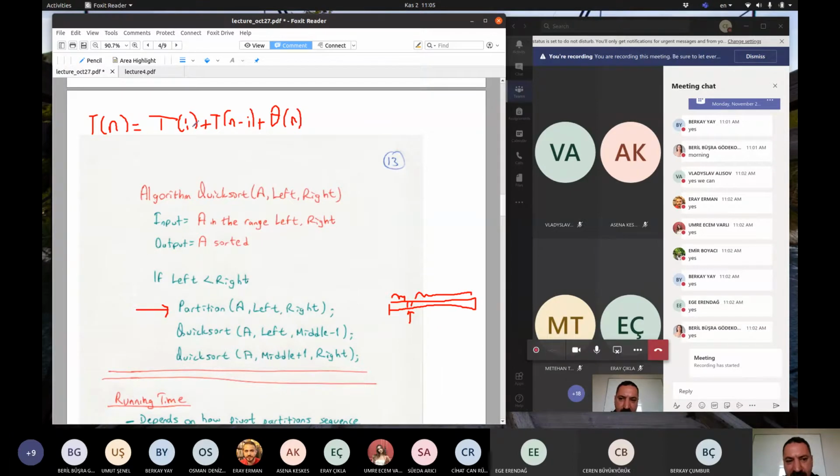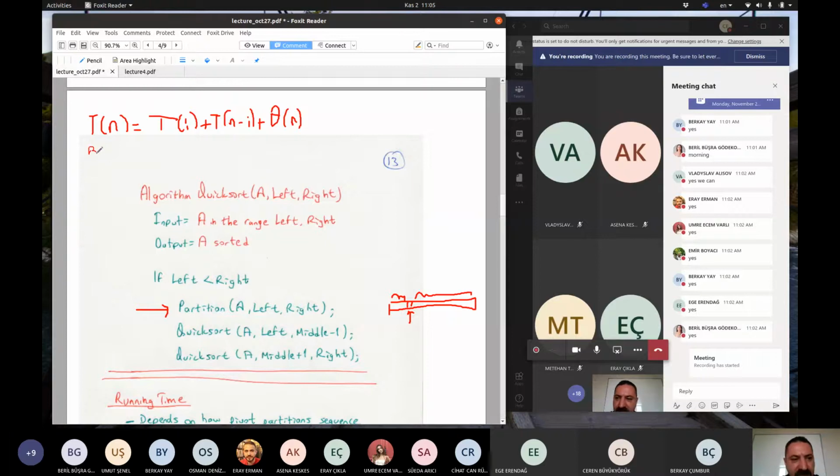Depending on where the pivot element ends up at index i, we can solve this recurrence in different forms. The best case happens when the pivot element ends up almost in the middle of the array.